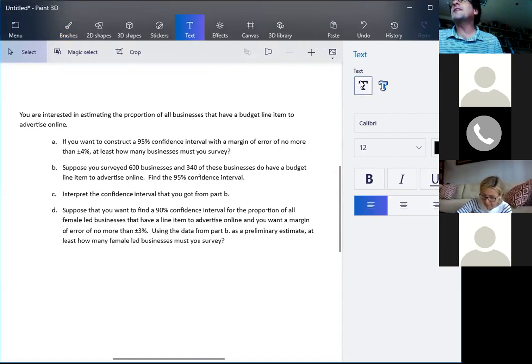So the first thing is we need a formula. And let me write this down. This is a formula for when we don't have any idea of what the proportion is.